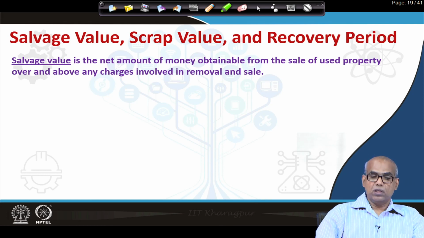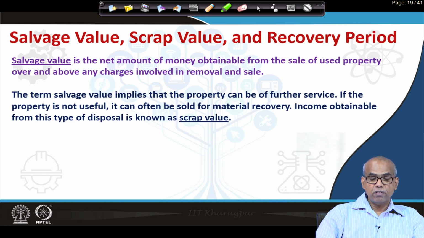We will define three more terms: salvage value, scrap value and recovery period. Salvage value is the net amount of money obtainable from the sale of used property over and above any charges involved in removal and sale. The term salvage value implies that the property can be of further service, that the property is still functional.